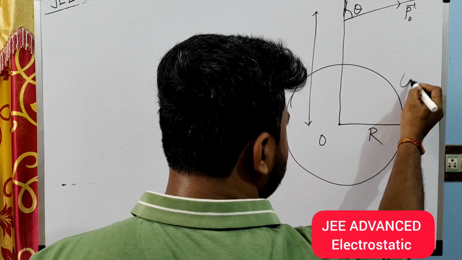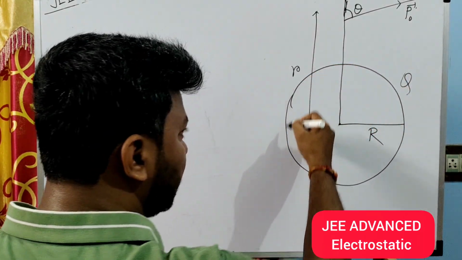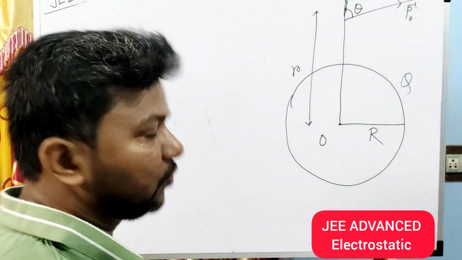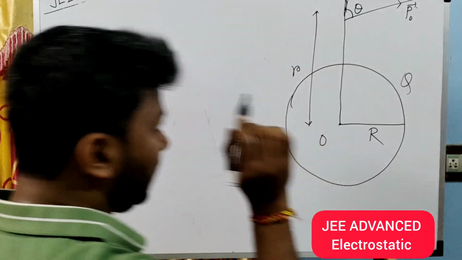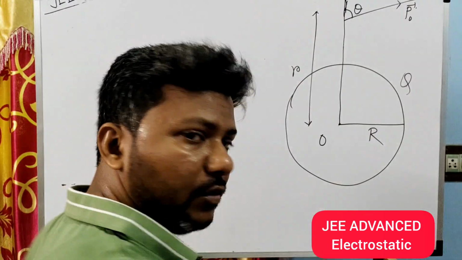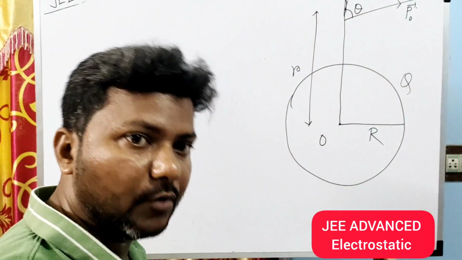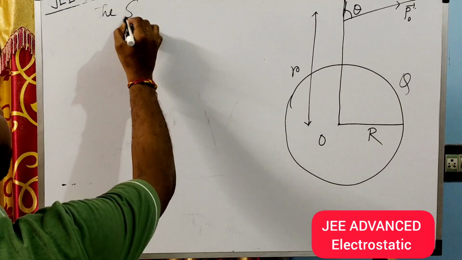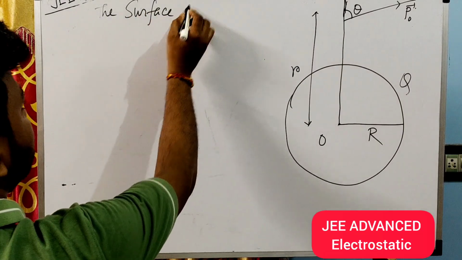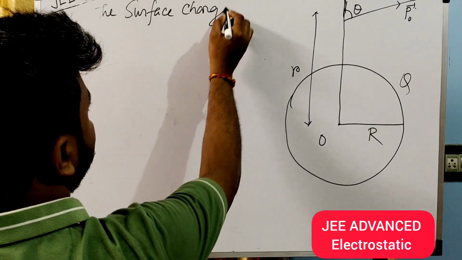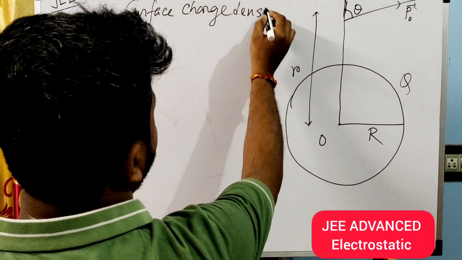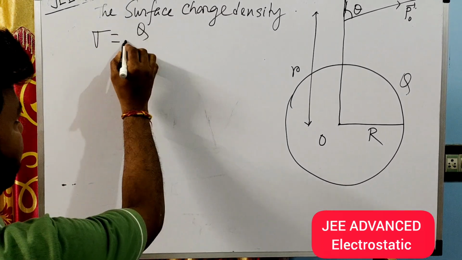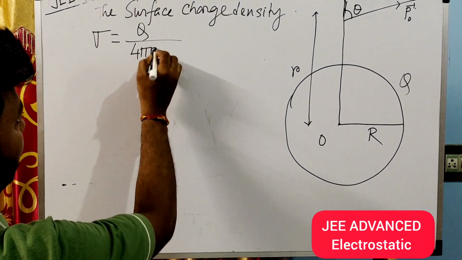Now the charge distributed over the surface is capital Q. We know that if the charge is distributed over the surface, the surface charge density sigma is the total charge divided by the total area 4 pi R square.